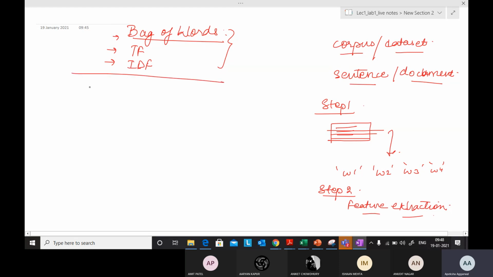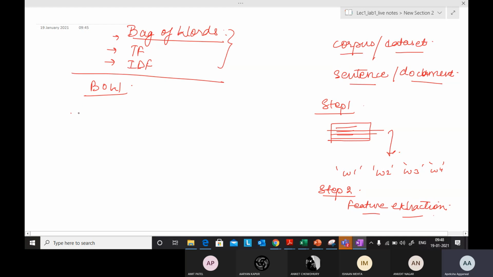Let's discuss bag of words. It is a very popular approach of converting the words into vectors so that those vectors can be given as input to the model.